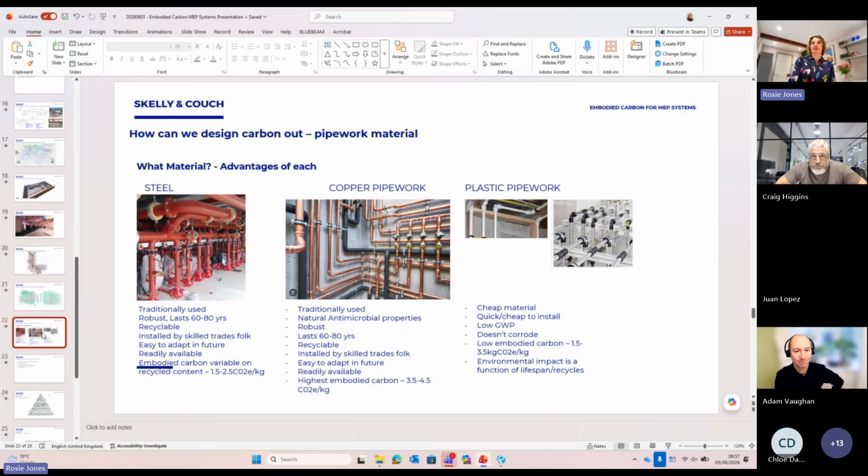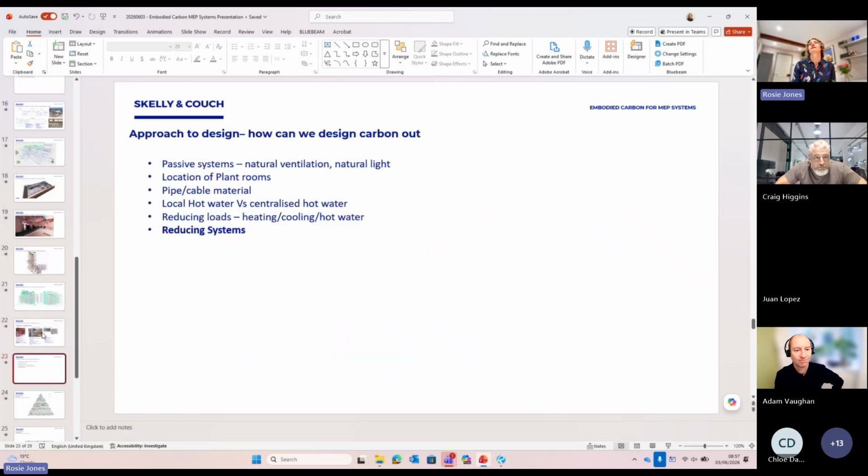And then again, we can look at local hot water rather than centralized hot water, so that we're not having to take those spider legs of pipework. And I'm sure you hear your services engineer telling you a lot about reducing loads on your building.